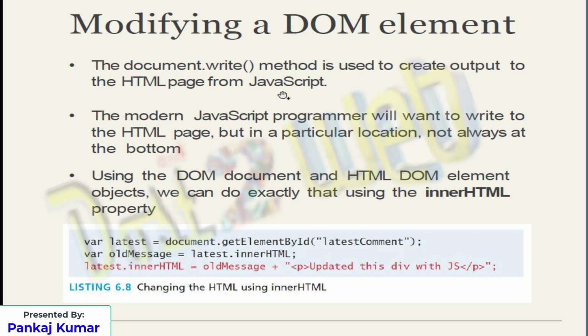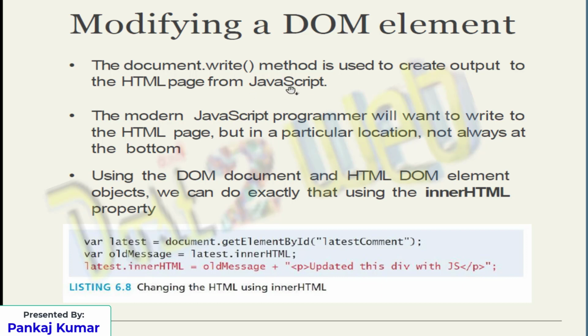It's not in the HTML. That means you have some output in JavaScript. You are writing some printing statement in JavaScript, and you want to print that on the HTML document. Then how can you do that? It will happen through the document.write method in JavaScript.